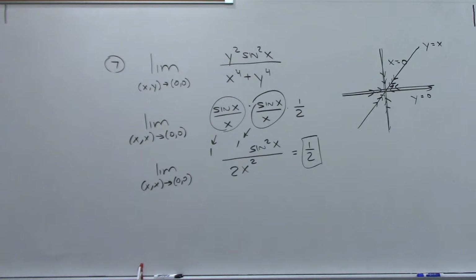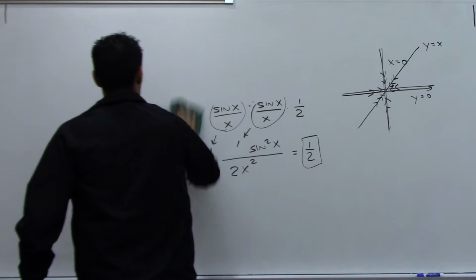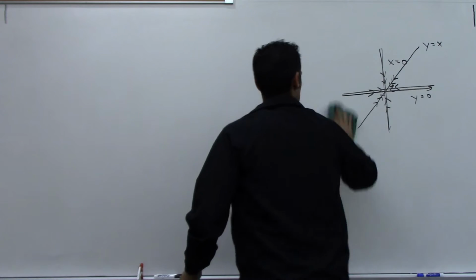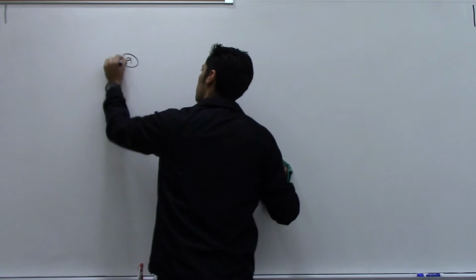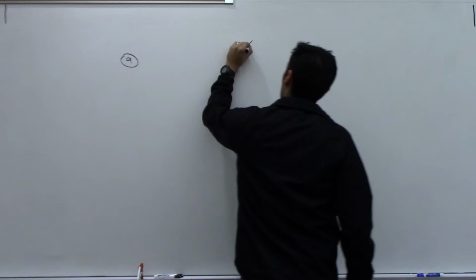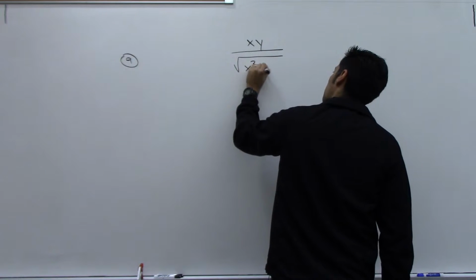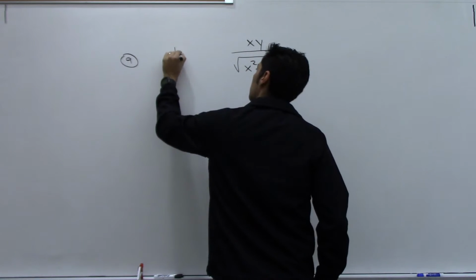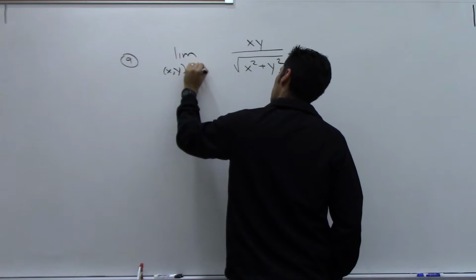All right, so let's look at number 9. The limit, we're going to the origin, xy over square root of x squared plus y squared, x squared over square root of x squared plus y squared, as x,y approaches 0, 0.